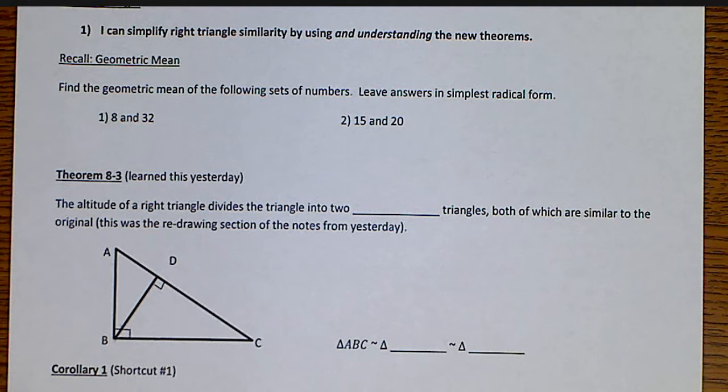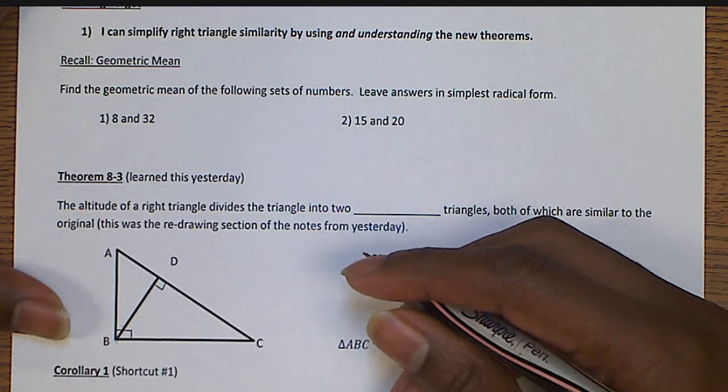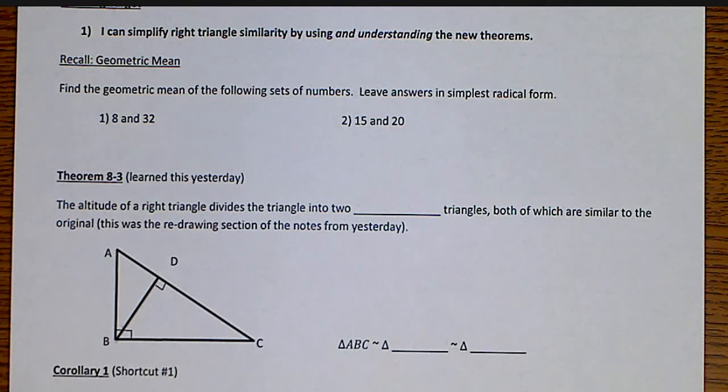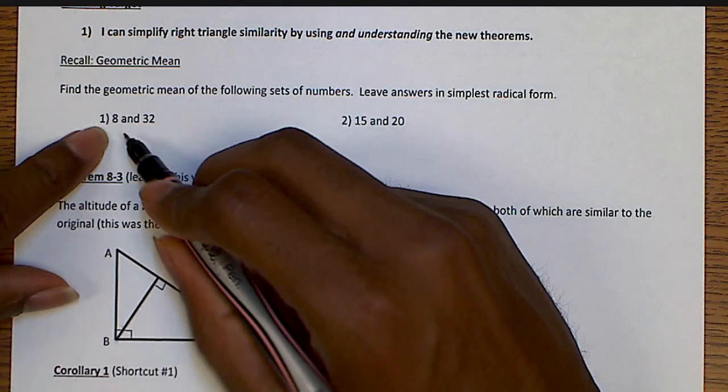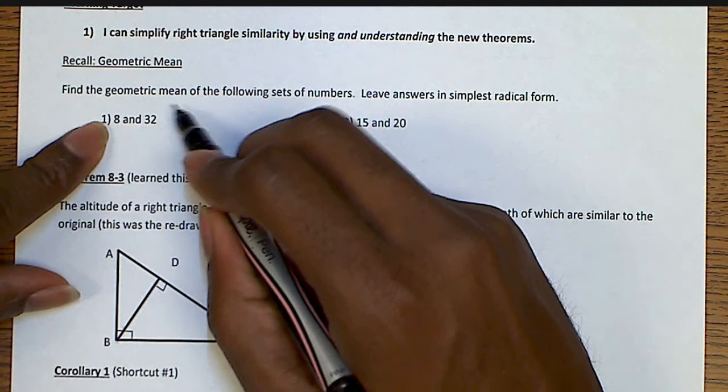A major part of what we're going to do today is being able to find the geometric mean. Geometric mean, remember, is the number that's the ratio between, or the average between, two numbers when they're multiplied. We have 8 and 32, so we're trying to find the geometric mean between 8 and 32.